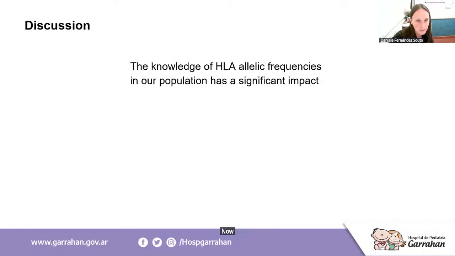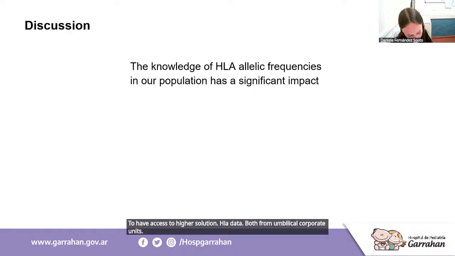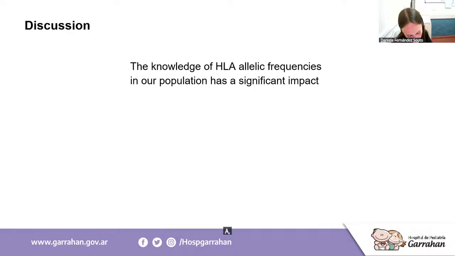Now, let's move to the discussion. When we tie everything together, so far, we've seen patterns in HLA alleles, but why does this matter and how can we use this information in practice? In our laboratory, we are fortunate to have access to high-resolution HLA data, both from umbilical cord blood units and from some patients, a true gold mine of information.